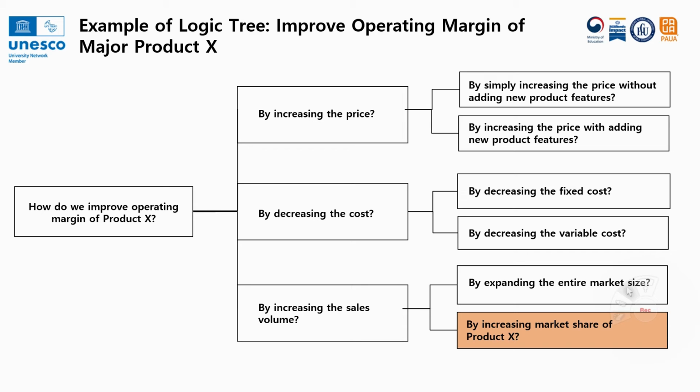Another option we have to think about to improve operating margin of product X is by decreasing the cost. If we can decrease the cost from the current level of $80 to $70, then we can enjoy more operating margin even without increasing the price of our product.